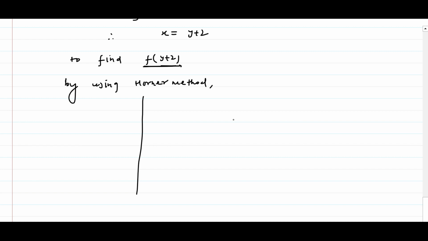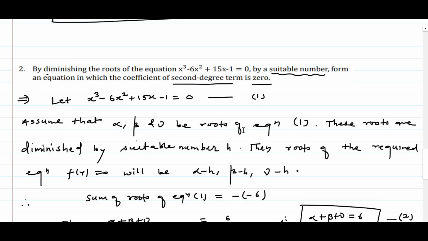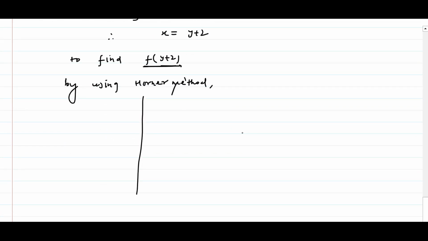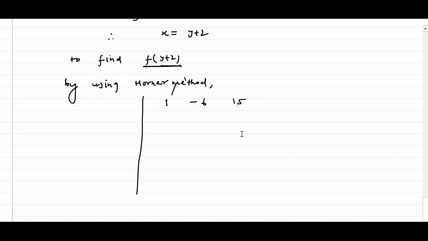Write all the coefficients here, and that is 1, negative 6, 15, and the last coefficient, that is negative 1. So now from here, right here, that is a 2.